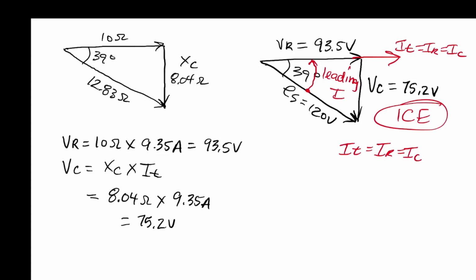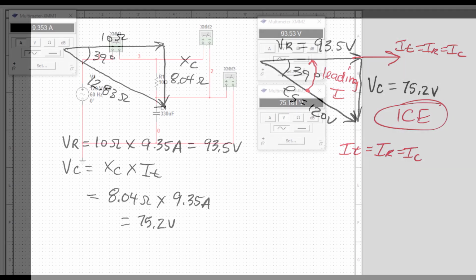So sure enough, here we have current leading the applied voltage, as it should for a capacitive circuit, and it's leading by 39 degrees. Okay, so there's our voltage triangle. We've got our current magnitude, and we should be able to go to Multisim now and prove that.